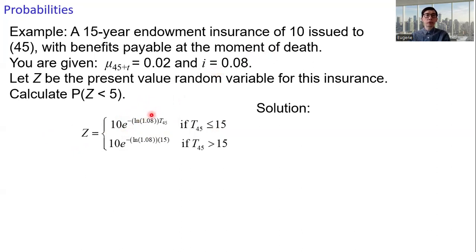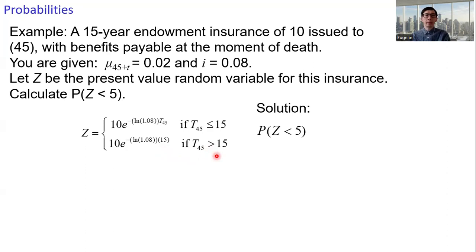And then if the individual survives beyond the 15-year period, a survival benefit of 10 is payable at time 15. The value for Z is 10 times e to the power of minus delta times 15. This is for T45 greater than 15.